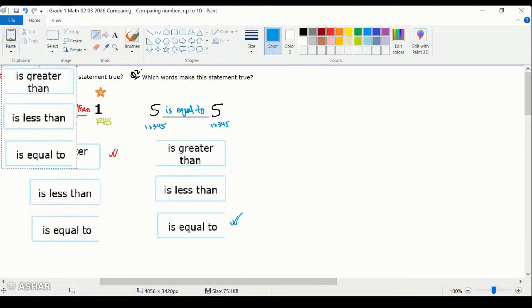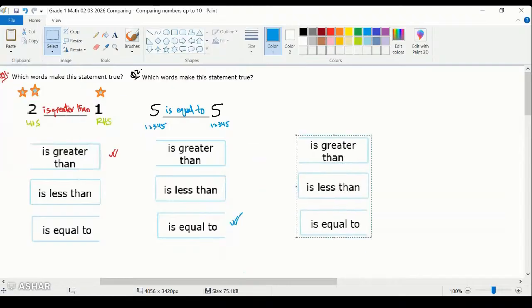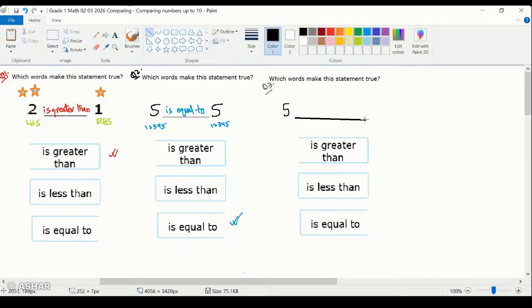Question number 3 says, which word makes the statement true, such that in question number 3, they say 5 and the other number is given as 6.